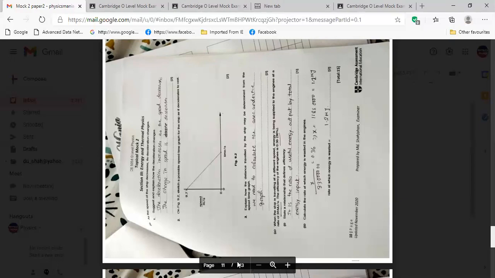So if resistance decreases, how will the deceleration increase? Because by the formula we know the change of velocity by time, so if it decreases, the change will decrease, which will end up decreasing the deceleration.